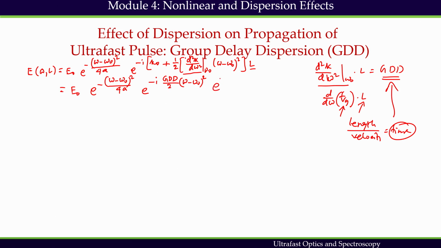And then I am going to write minus i k naught L, which comes from the first term. So I can rewrite this as E naught e to the power minus (1 by 4a plus i GDD divided by 2) multiplied by omega minus omega naught square, multiplied by e to the power minus i k naught L. This is another simplification we have made for this expression.